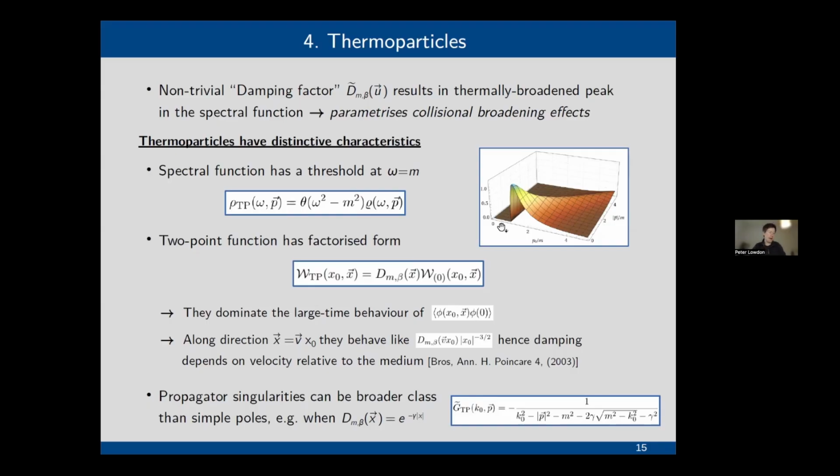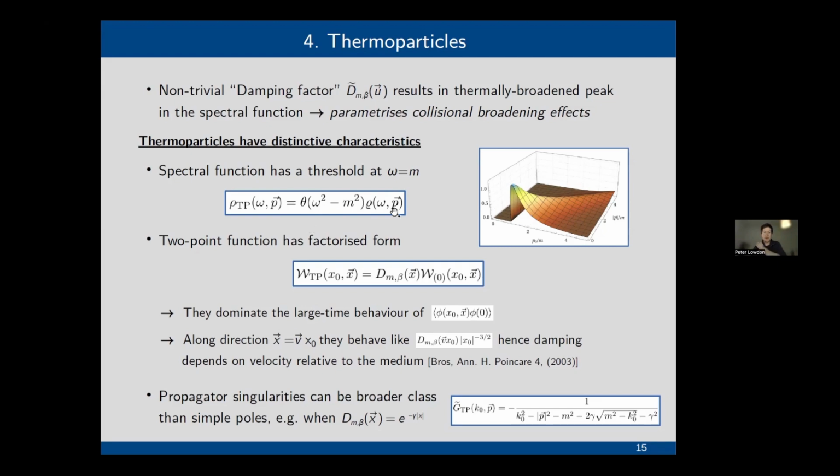The physics of that is basically that you need to inject into the medium a minimal amount of energy in order to create these excitations with any probability. So you need to inject at least the rest mass of the particle in vacuum in order to create a thermoparticle excitation.